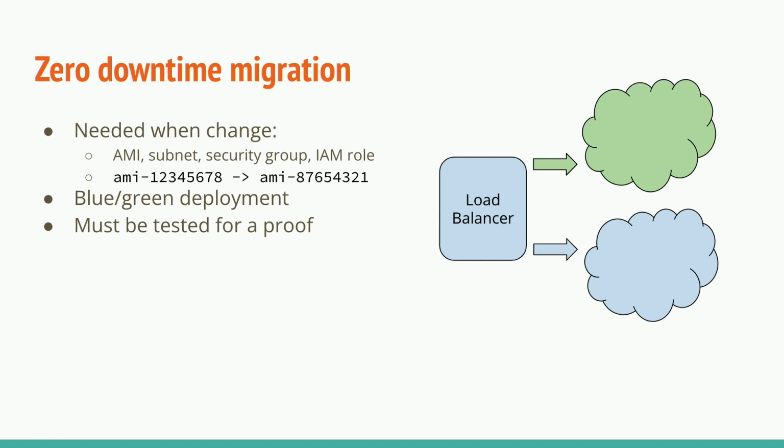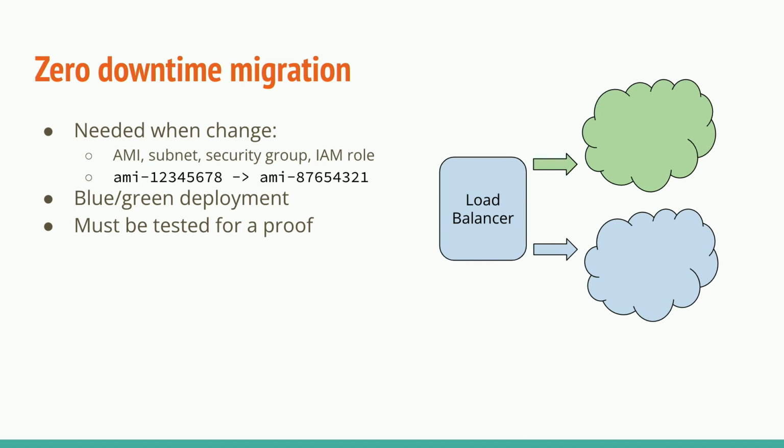So we have a load balancer, and we have an autoscaling group. What happens if we need to change the AMI? Normally, you would change the launch configuration. And you would need to make sure that all the instances are removed, and all new instances will pick up the new launch configuration, and effectively, you will run on a new AMI.